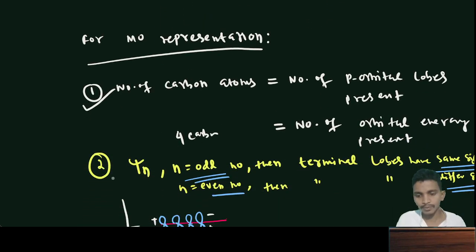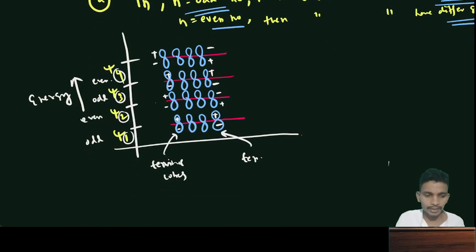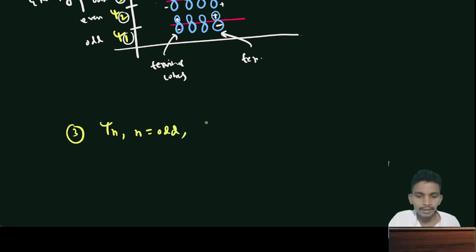Okay, this is the first point, this is the second point, and the third point I will write here. What does the third point say? For psi n, if n is odd, then it has a plane of symmetry.